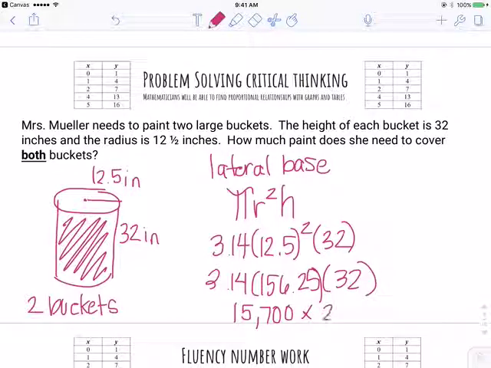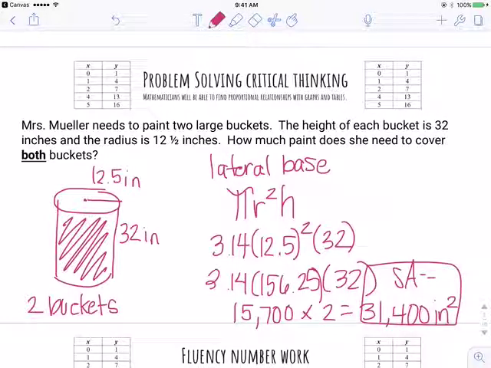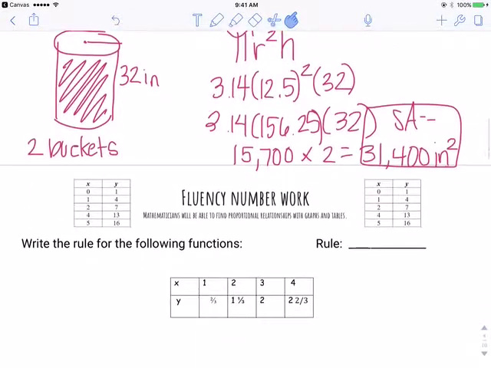But I know I have two buckets. So that's 31,400 inches squared for the surface area of that lateral base. So that's what I would be painting on those buckets. Kind of a review from our prior unit on 3D geometry on the test.